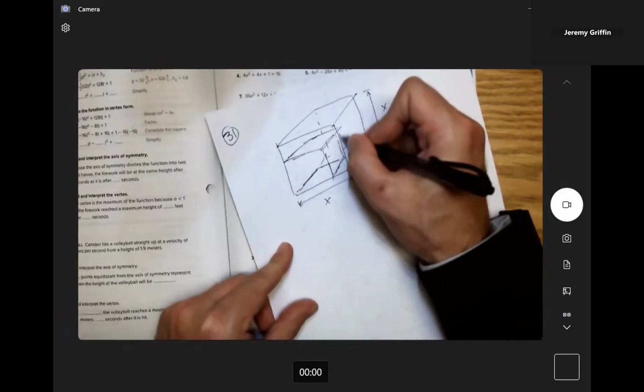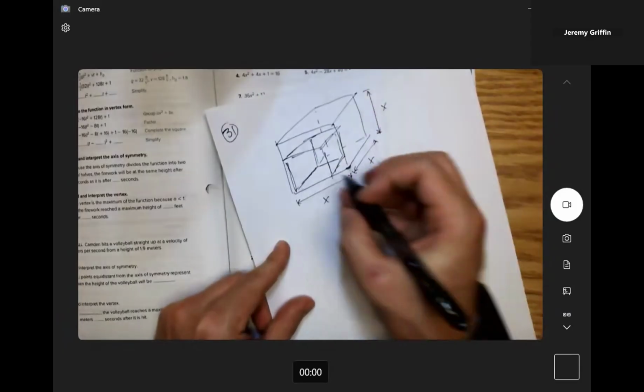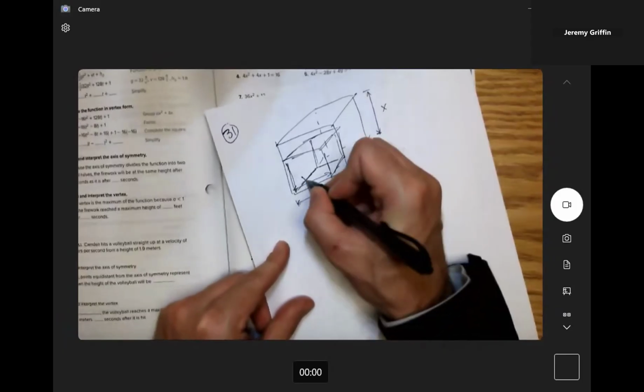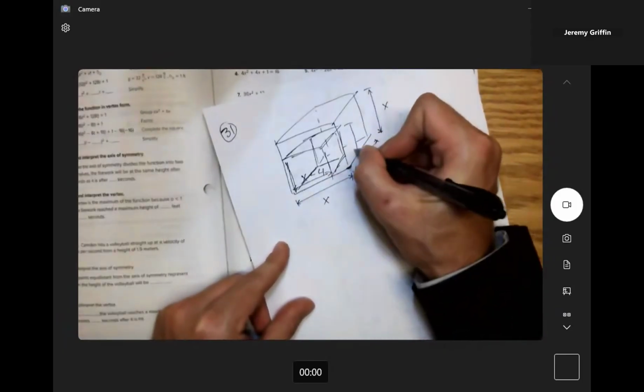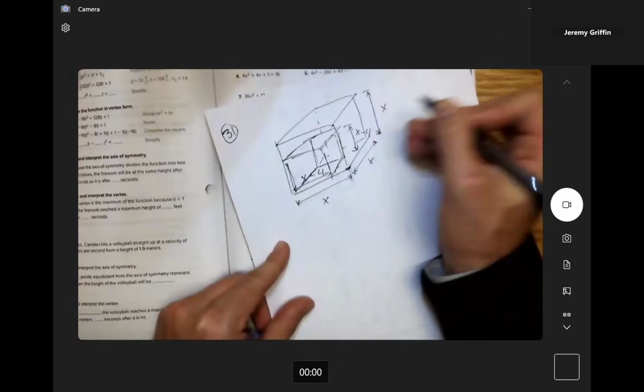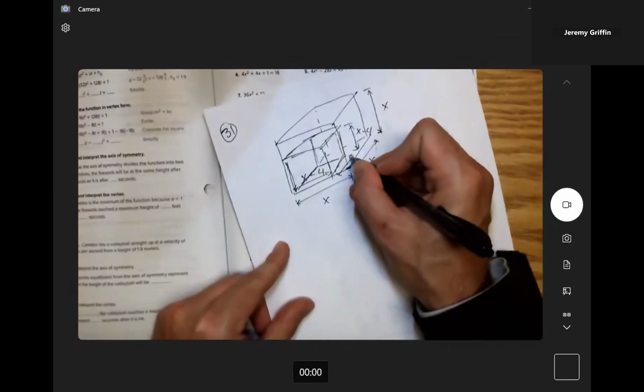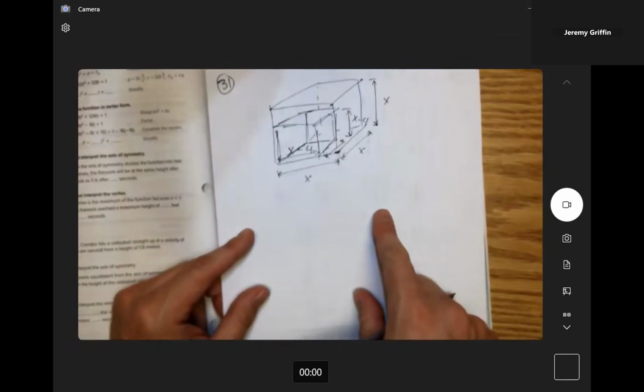This is x minus 4, and this is x minus 4, and this is x minus 4. So x minus 4 is the side of the new cube.